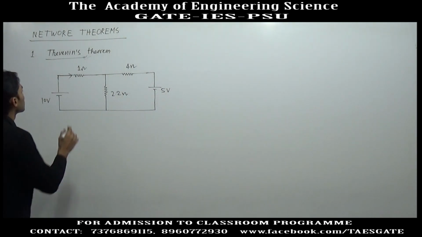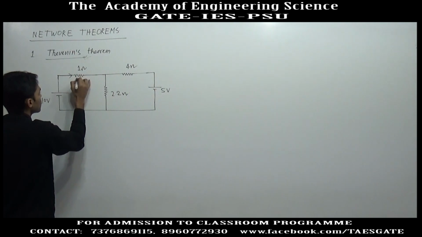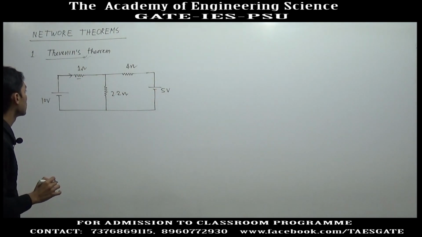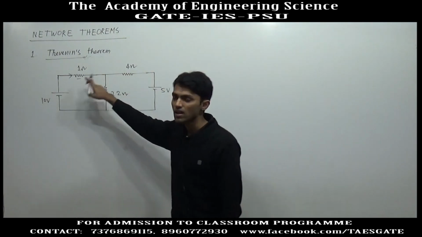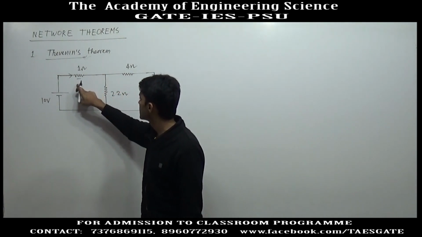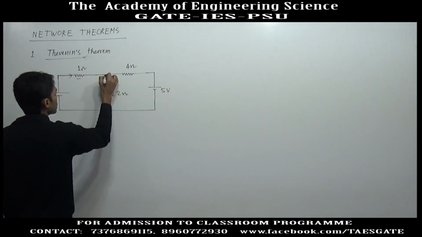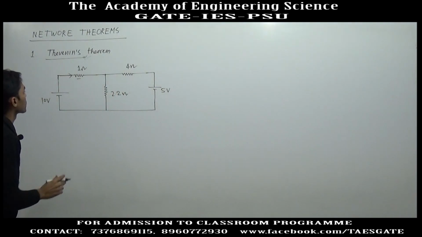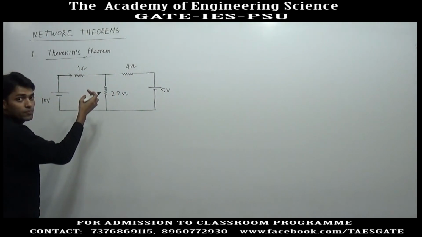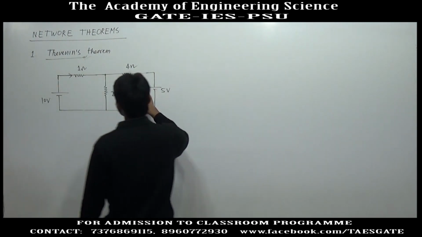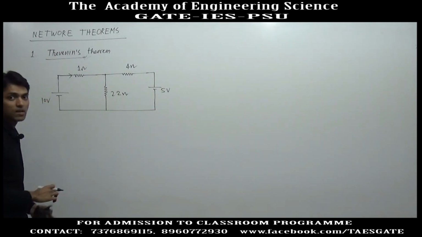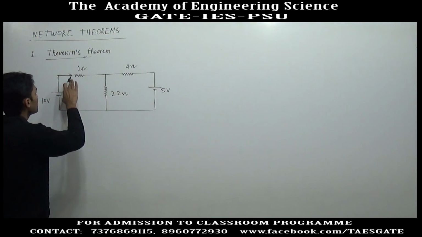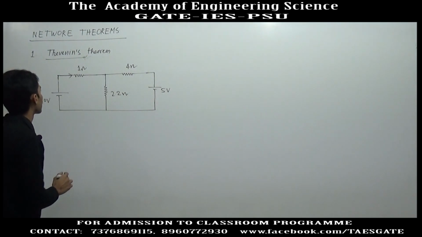Suppose in this circuit, in the 1 ohm resistance, we have to find out the value of current. Now, this current can be calculated by various methods like KVL, KCL, nodal analysis, but to show the use of Thevenin equivalent circuit and to tell you what can be mistaken, I am solving this current. I am trying to find out this current using the Thevenin equivalent circuit.